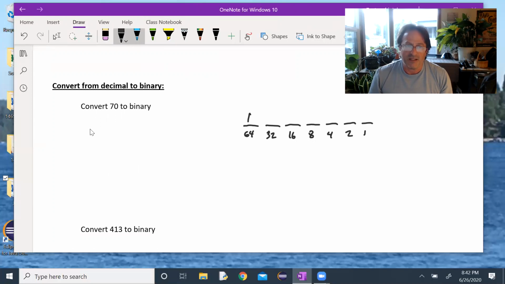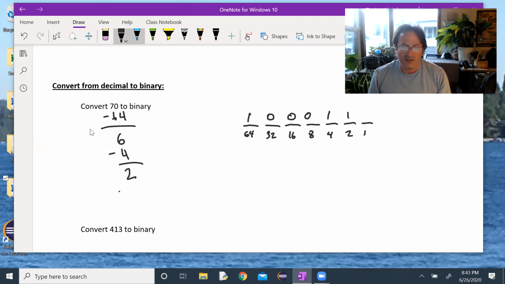And when I take away 64 from here, we're left with 6. So there can't be any 32s or 16s or 8s, but there could be a 4. In fact, we have 1 4 in there. So then I'll take away 4 from there. That leaves me with 2, so there's 1 2 left.